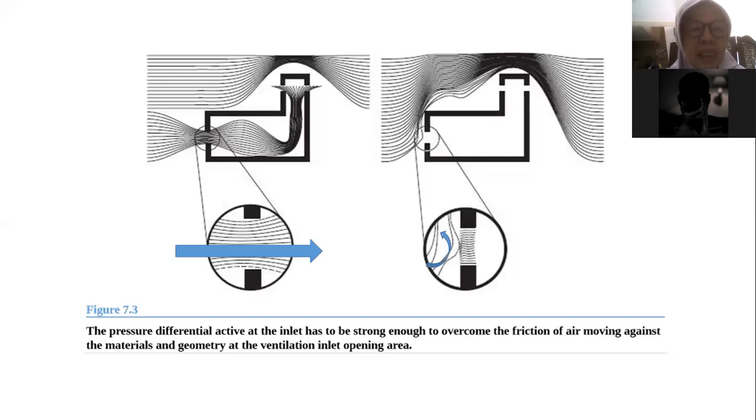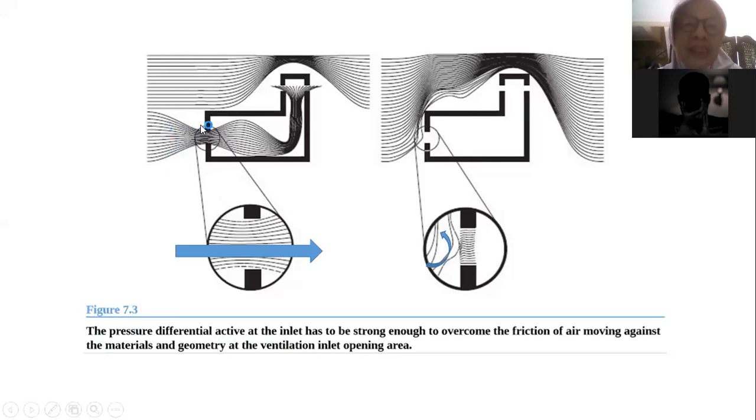So the pressure differential active at the inlet here has to be strong enough to overcome the friction of air moving against the material and geometry at the ventilation inlet opening area.